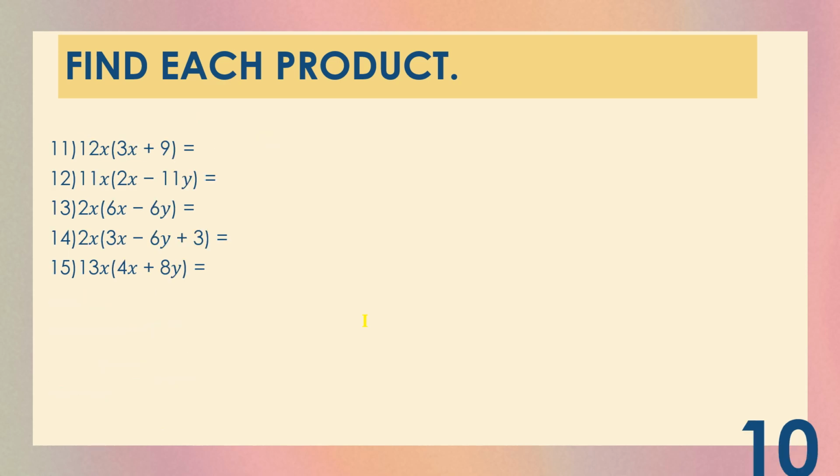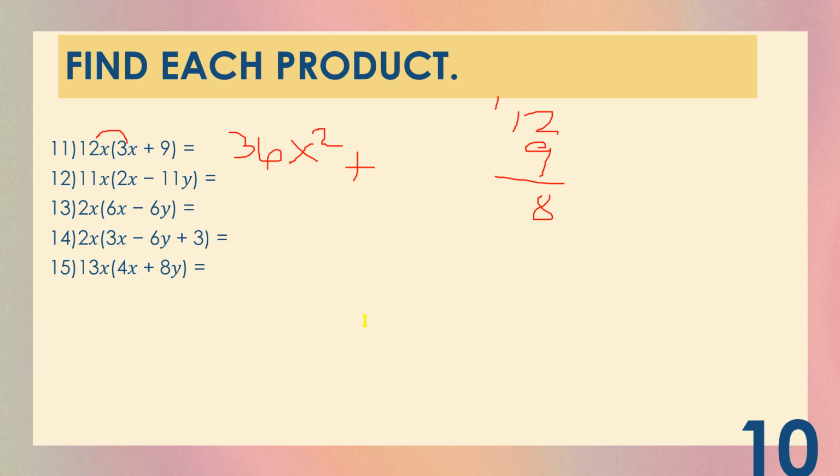In here, I will also do number 11 as a bonus. So we have 12 times 3 is 36, 36x squared, plus 12 times 9. 9 times 2 is 18.